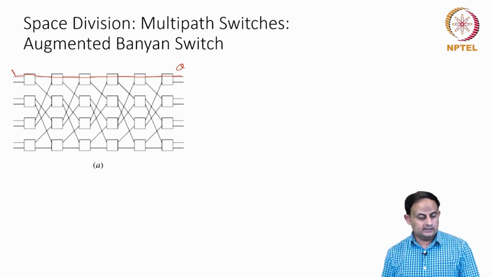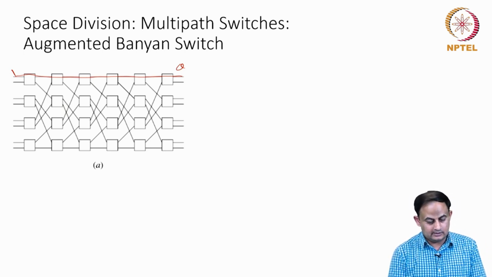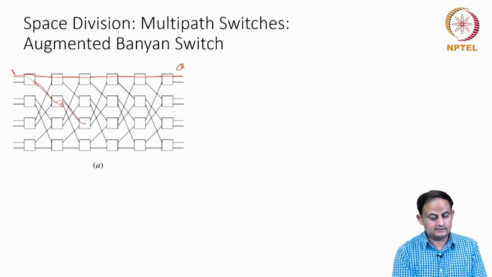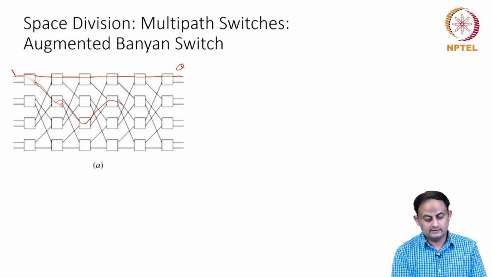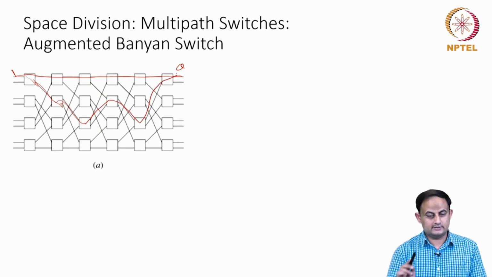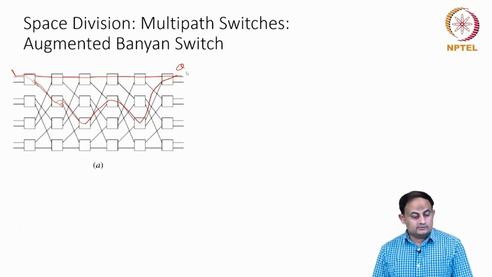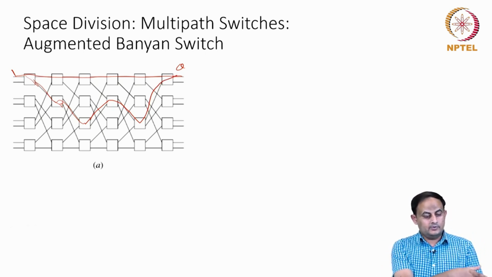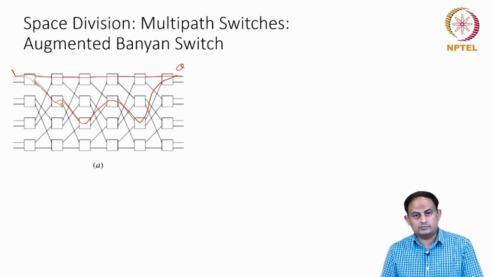The other way to go there is maybe I can go from here to here, and yeah, this link and then this link, this link, this link, and then go here and connect. So this is the connection between input port number 1 and output port number A.